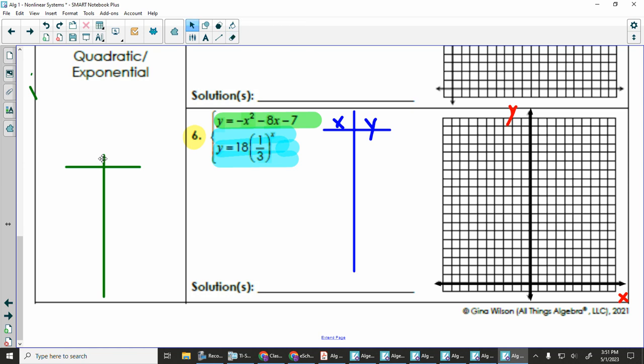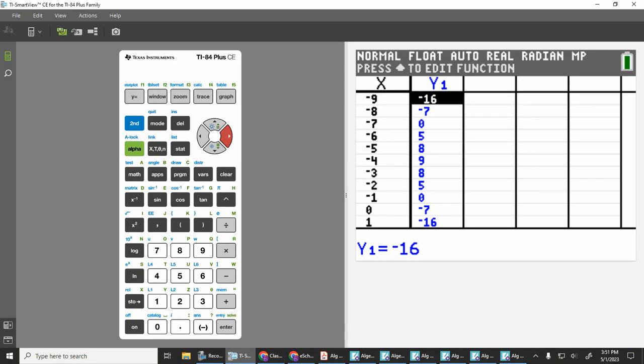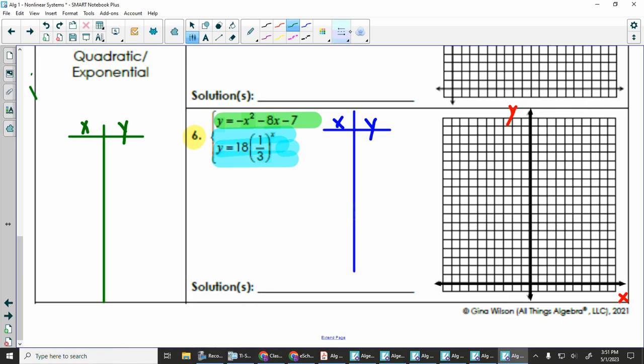Alright, so let's move my table up a little bit here. A little bit more room. X, Y. So, alright, we were able to go from negative 8 to 0, excuse me. So negative 8, negative 7, negative 6, negative 5, negative 4, negative 3, negative 2, negative 1, 0.